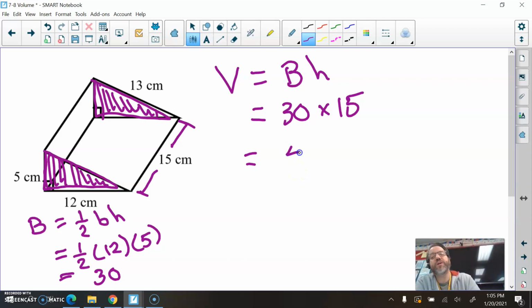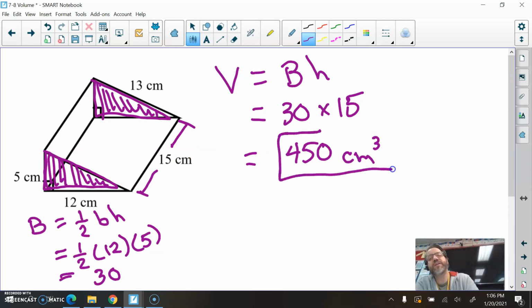And so that would be 450 cubic centimeters. And that's how we write that label, centimeters, and then cubed after that. So 450 cubic centimeters is the volume. Isn't volume easy? I like volume because it's just a very simple formula. Area of the base times the height.